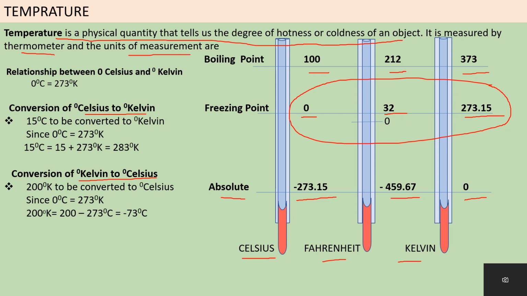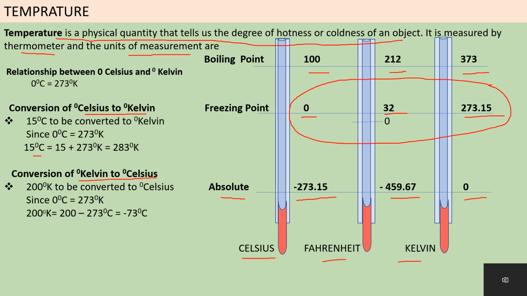For this conversion from Celsius to Kelvin, 273 is to be added, and for conversion from Kelvin to Celsius, 273 is to be subtracted. To make it easy, we can follow the series of English alphabets. K comes after C. So to reach K, we have to add 273. And to come back to C, we have to subtract 273.